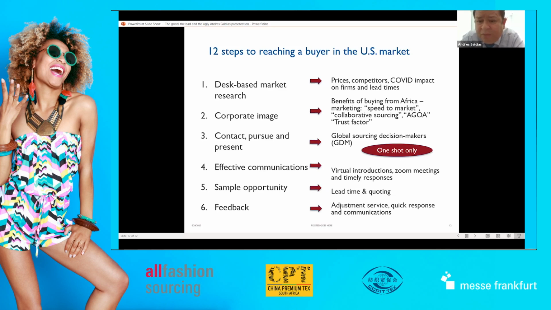In every company, there is one buyer for each category: one buyer for children's denim, one for women's woven, one for men's shirts, one for underwear, and so on and so forth. Once you find this global decision maker, you need to pursue and have a 5-minute one-on-one discussion. You have only one shot to get their attention. Once you get it, you need to make a quick, effective presentation and show the corporate image.